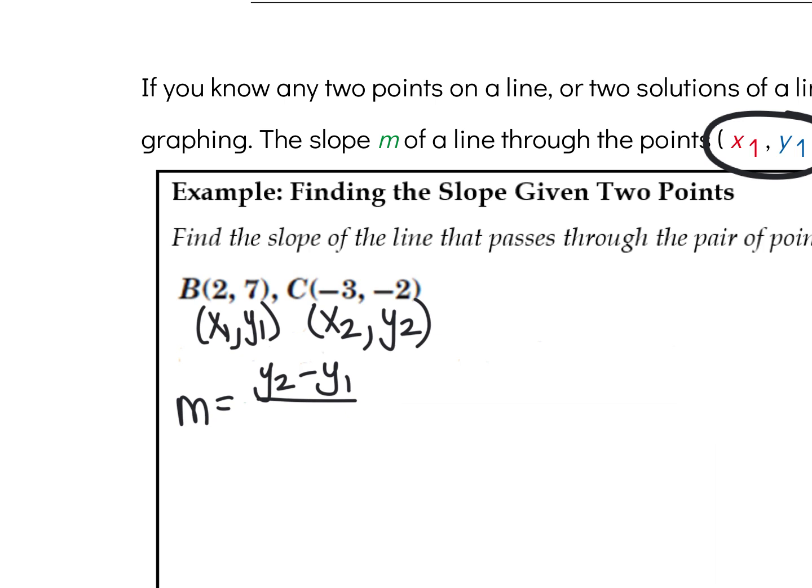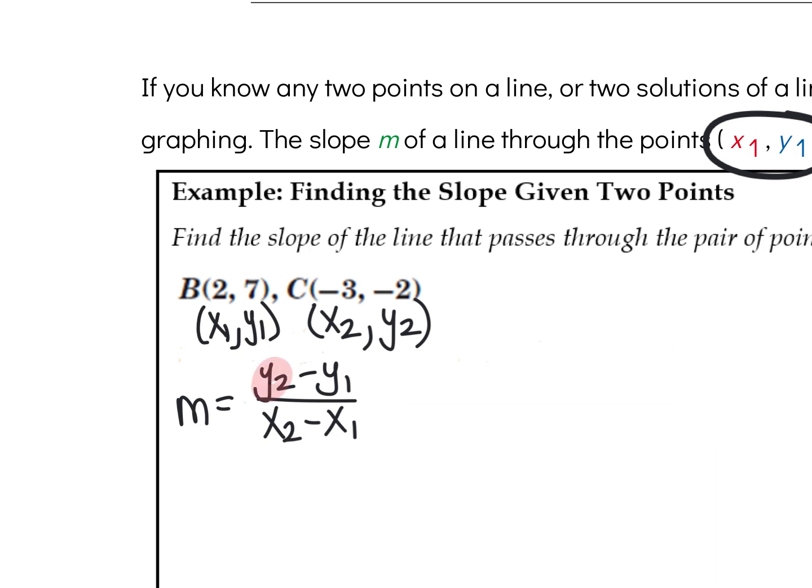And then I'm going to subtract the x values, x2 minus x1. You want to make sure you keep the order the same. So if I put point C first on top, y2, then I need to put point C first on the bottom as well. So now I'm going to plug these in.